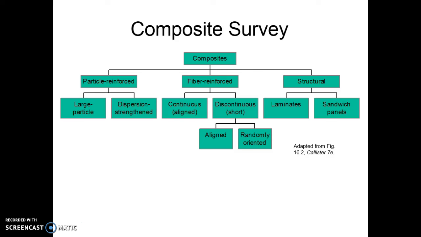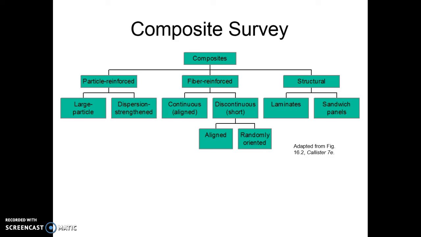As we have seen, the dispersed phase is classified as particle phase, fiber phase, and structural phase. Based on the different geometry of the dispersed phase, we can classify the composite material as particle reinforced, fiber reinforced, and structural.